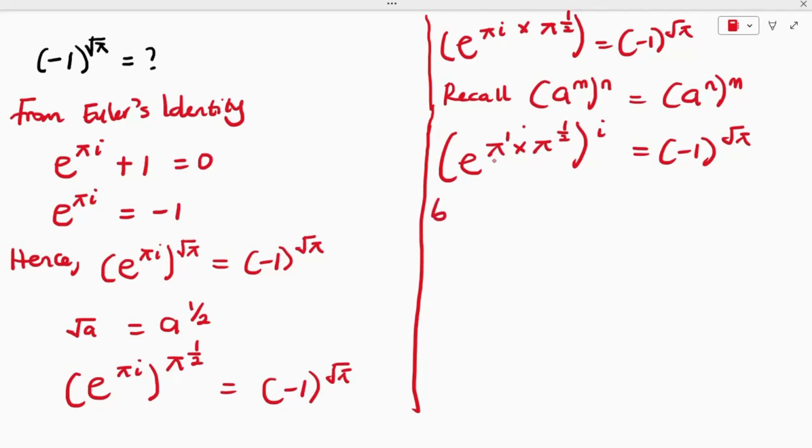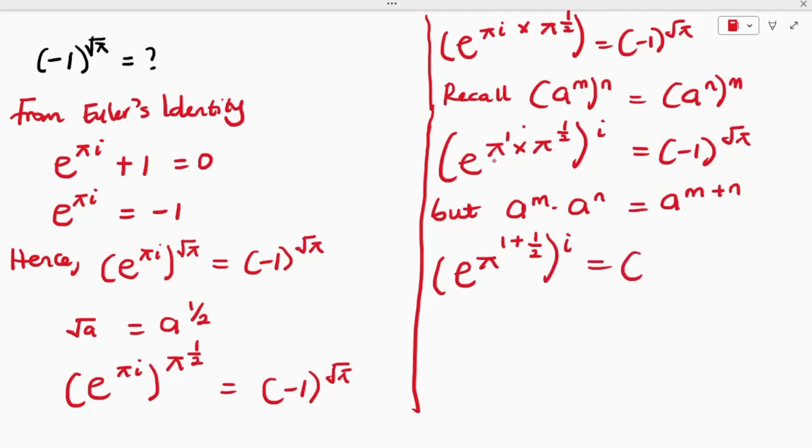From the law of exponents, we know that a^m multiplied by a^n can be written as a^(m+n). So we can easily rewrite this to be e raised to the power of pi into (1 plus 1 over 2), all raised to the power of i, is equal to (-1) raised to the root of pi.